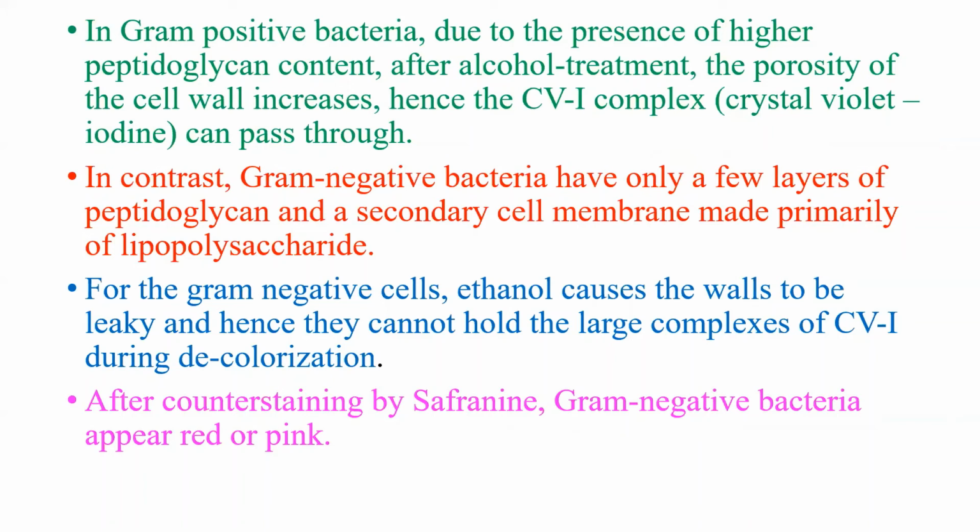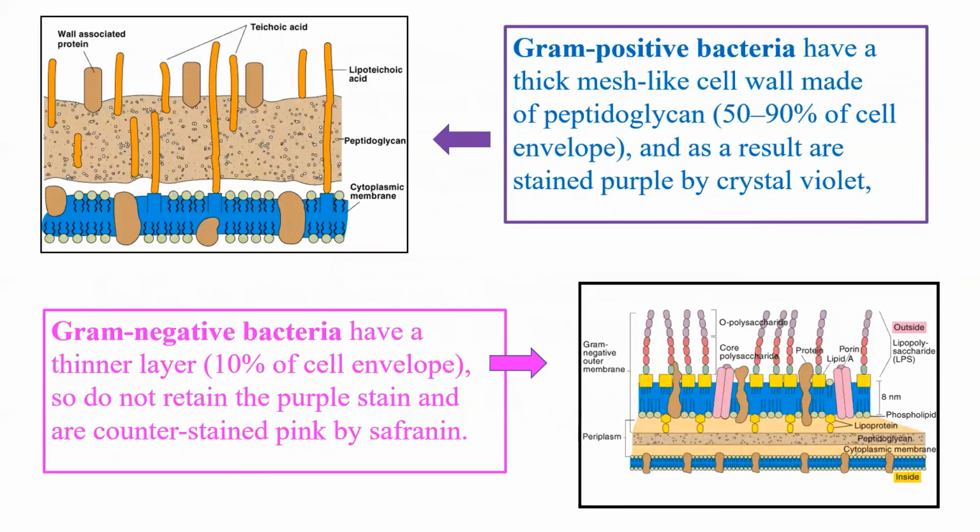In contrast, Gram-negative bacteria have only a few layers of peptidoglycan and a secondary cell membrane made primarily of lipopolysaccharides. For the Gram-negative cells, then, ethanol causes the walls to be leaky and hence they cannot hold the large complexes of CVI during decolorization. So after counter-staining by safranin, Gram-negative bacteria appear red or pink.